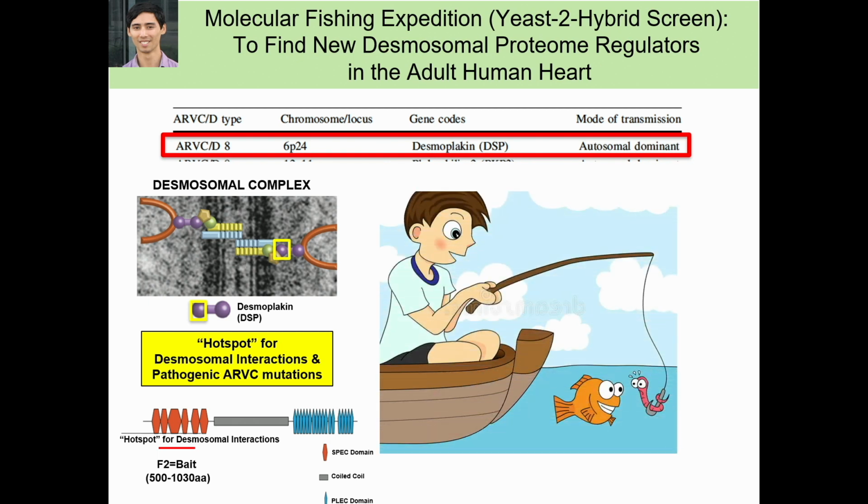Through this, we did a yeast two-hybrid screen using the N-terminus region as a bait and using the adult human heart cDNA library. Through this effort, we identified a new protein called SNAP29 that interacts with desmoplakin.